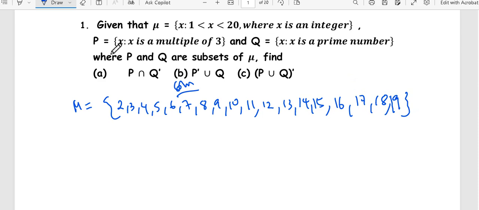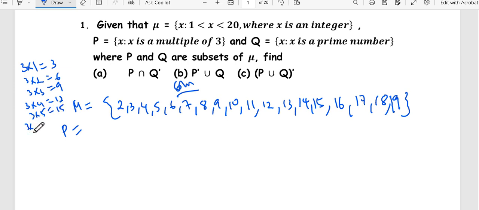Now the elements of P is a set of x such that x is a multiple of 3. What are multiples of 3? 3 times 1 is 3, 3 times 2 is 6, 3 times 3 is 9, so all these are multiples of 3. 3 times 4 is 12, 3 times 5 is 15, 3 times 6 is 18.